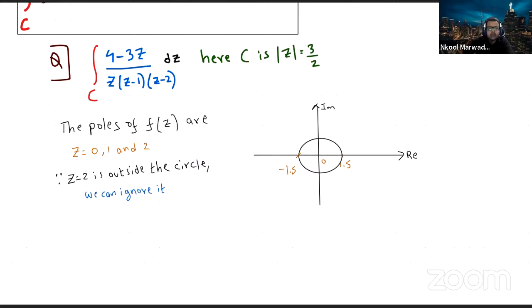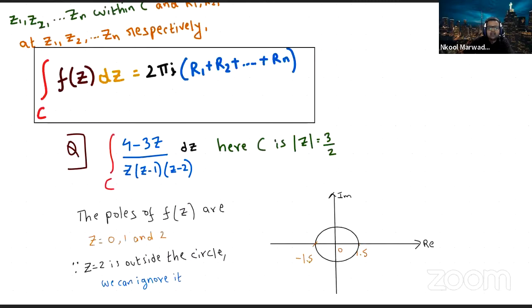I have to calculate the residues, because if I am solving this integral via residue theorem, I should know the residues. Here 2 residues are there. If I get these values, I just have to add them and multiply with 2 pi i to get the answer.